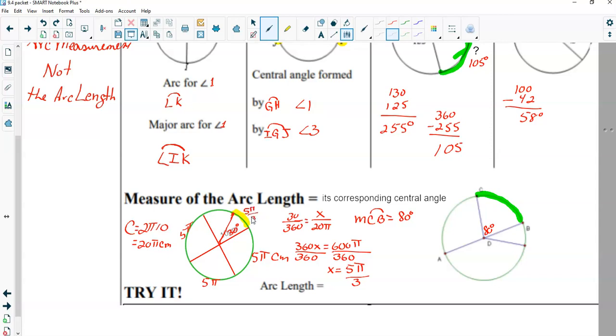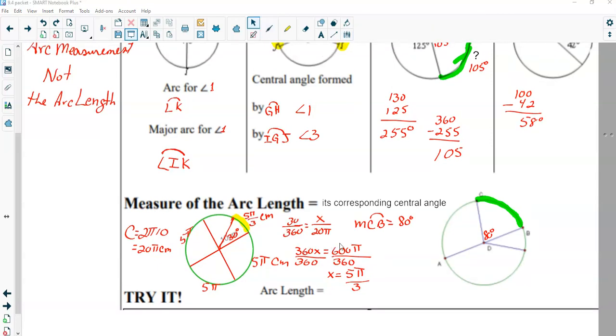You could approximate that, but I am just going to leave it in exact measurement, and this would be centimeters. So for 30 degrees, the arc on this one would measure 5/3 pi.